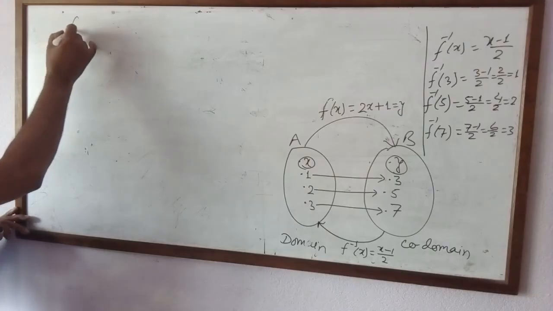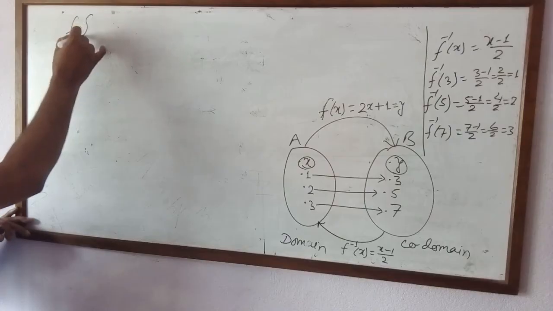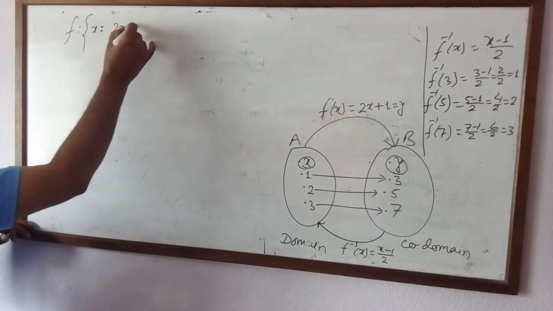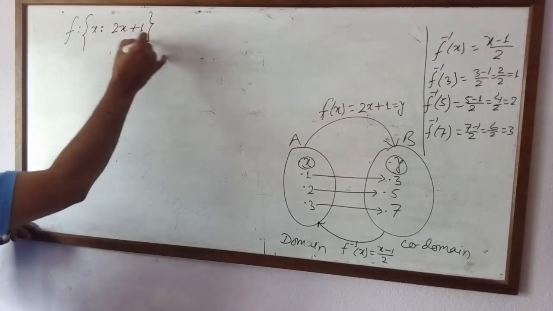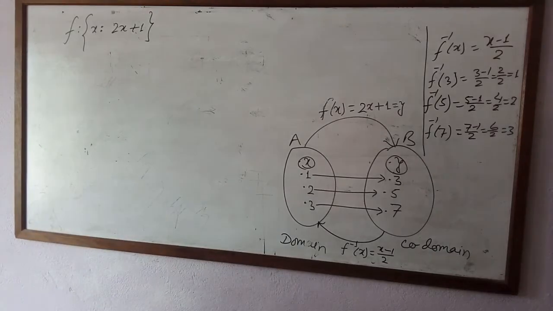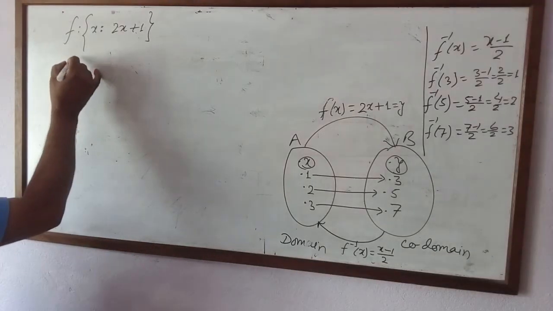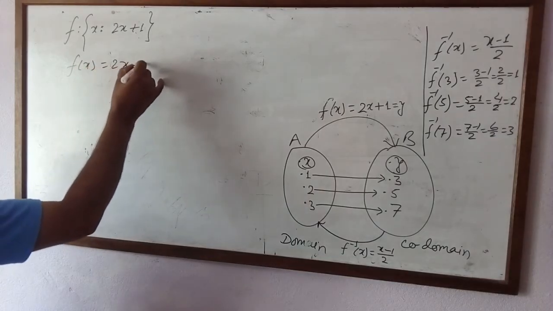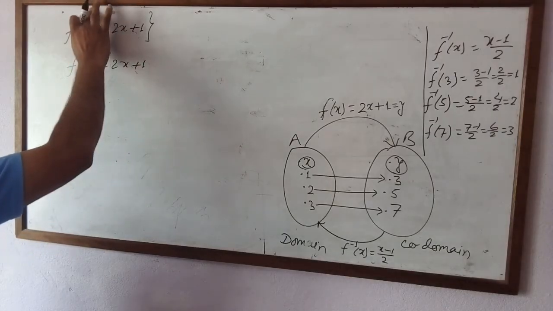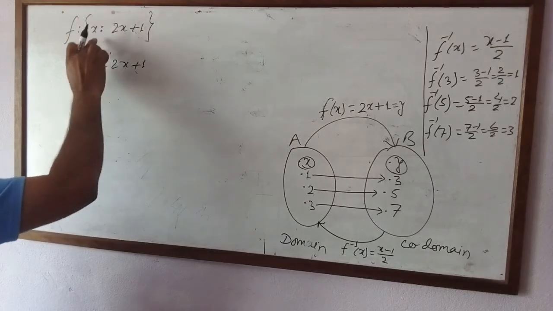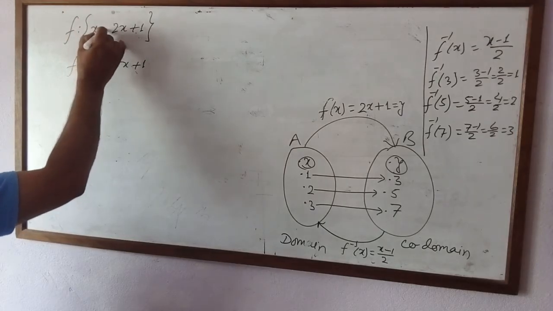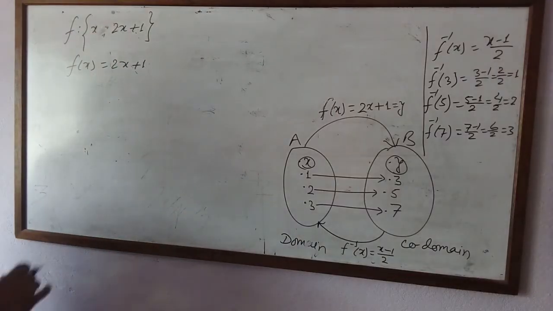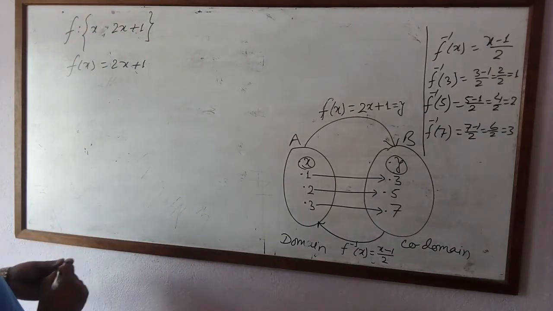Sometimes they write like this, for example 2x plus 1. Sometimes it is written like this also. If it is like this, then you have to understand f x equals 2x plus 1. Or you will sometimes find an arrow like this. This is the inverse. How to find the inverse now?